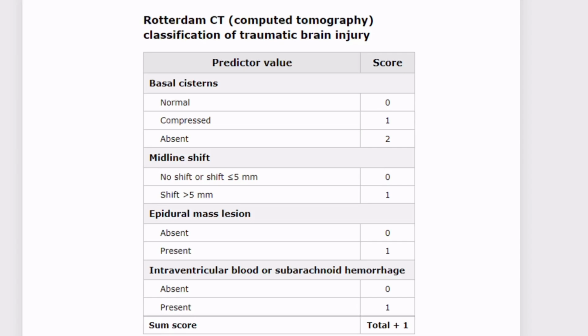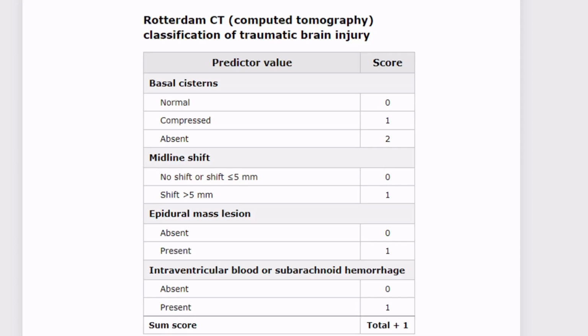In the classification, as you can see, the basal cistern is compared here. When it is normal, the score is 0. If it is compressed, the score is 1. If it is completely absent or obliterated, the score is 2. When there is midline shift of more than 5 mm, it is given 1.